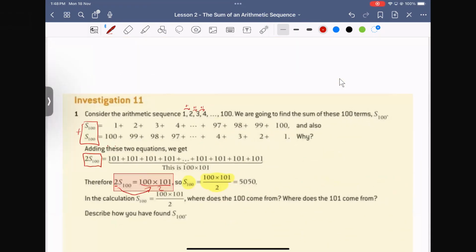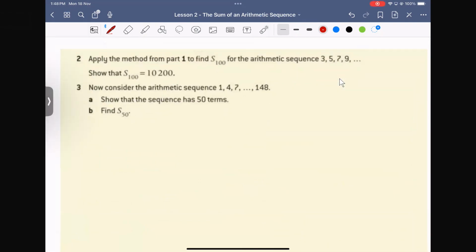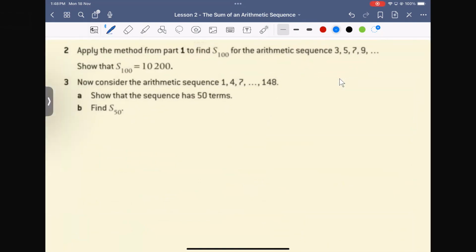All right, so we're going to continue on with that. In question number 2, we want to find the sum of 100 terms, this time starting off at 3.